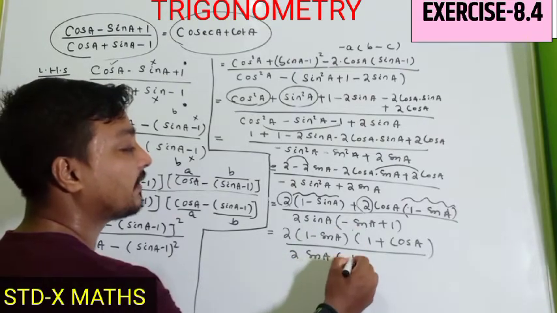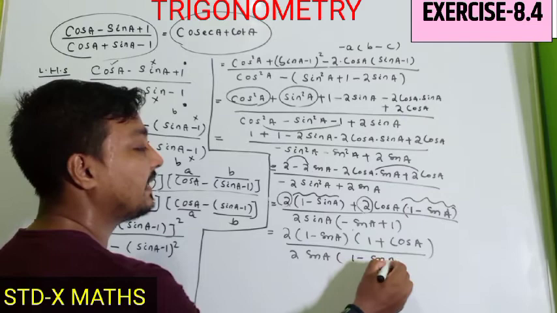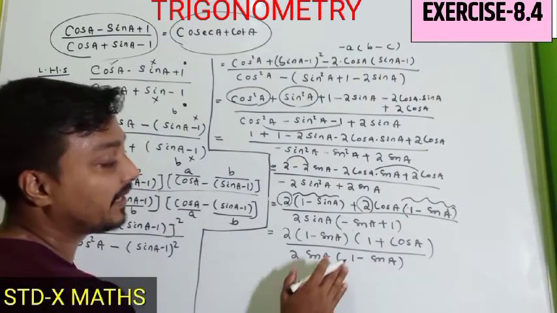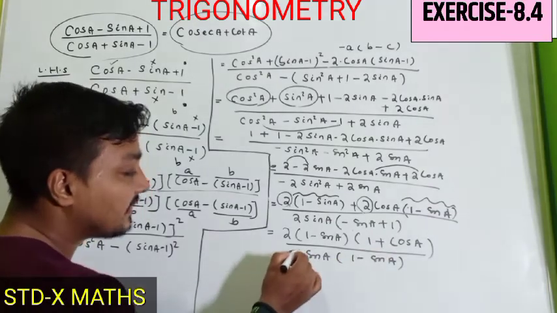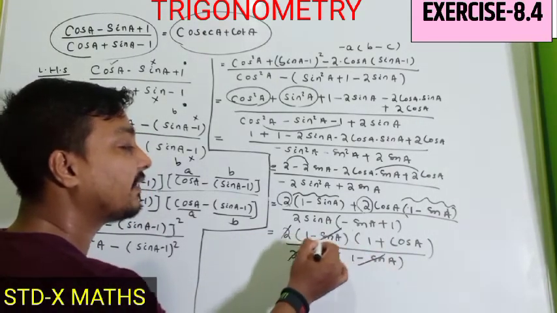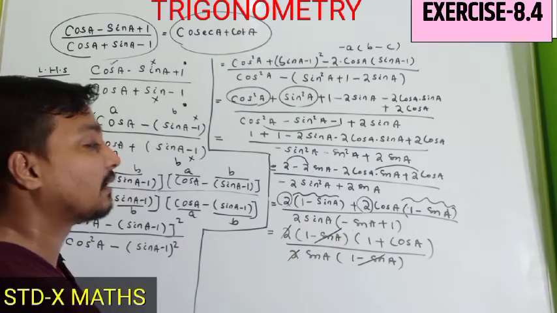Within the bracket here, minus sin A plus 1 can also be written as 1 minus sin A. See, 2 can be cancelled, and 1 minus sin A can be cancelled.